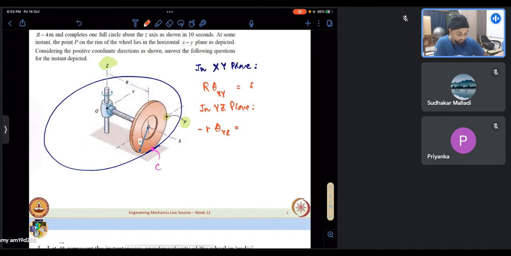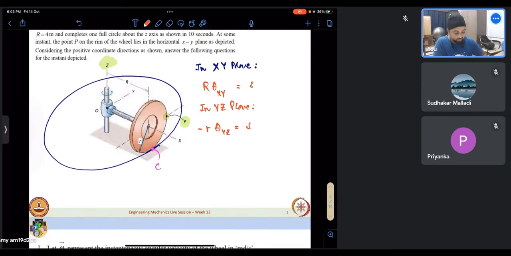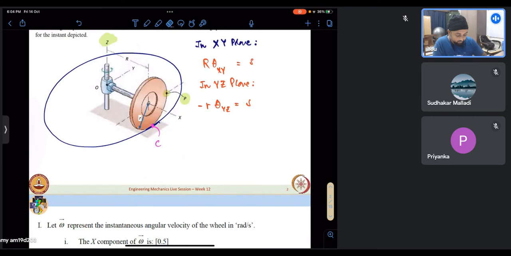So this is also equal to s by the kinematical relations because it rolls without slipping. It is moving along this path without slipping. So essentially we can equate the two. So we have R capital theta xy is equal to minus r theta yz.